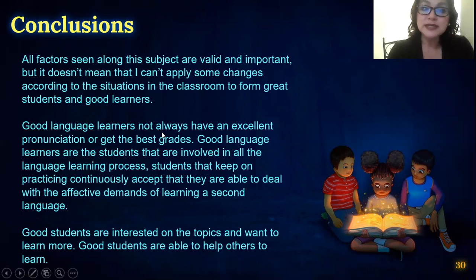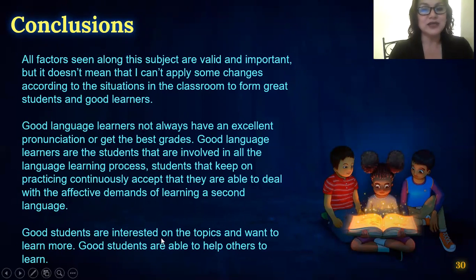Good language learners do not always have an excellent pronunciation or get the best grades. Good language learners are the students that are involved in all the language learning process. Students that keep on practicing continuously, accept that they are able to deal with the affective demands of learning a second language.